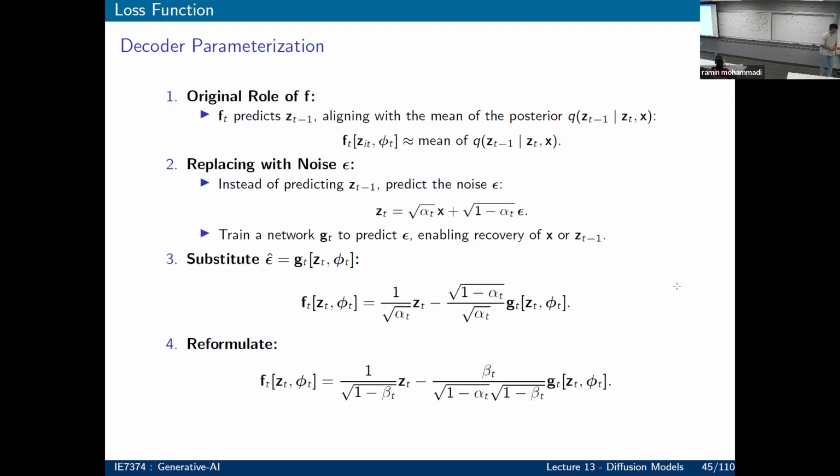All right. So now this comes around to reparameterization, how we could reformat our decoder. What we want to do is think about this F. You had this F, which you want to use to estimate the mean. F is kind of like your model.